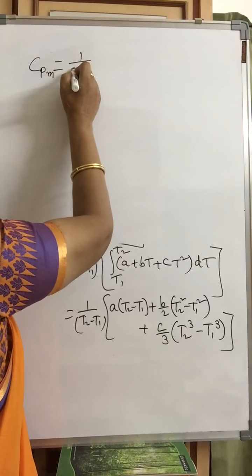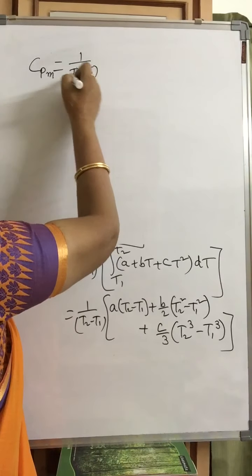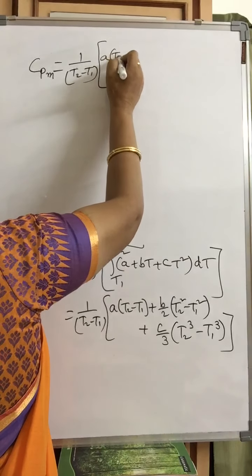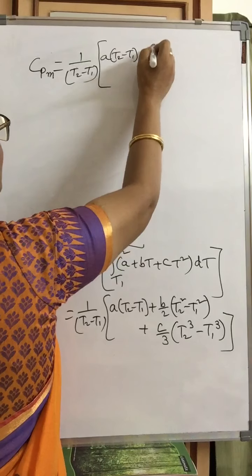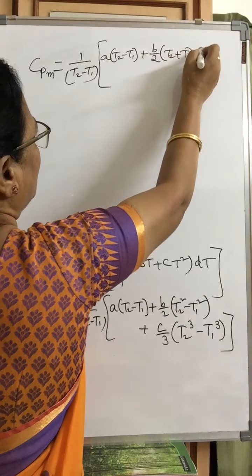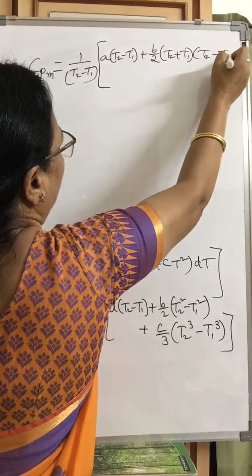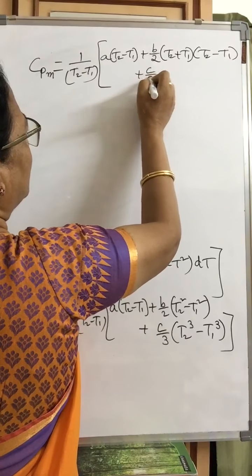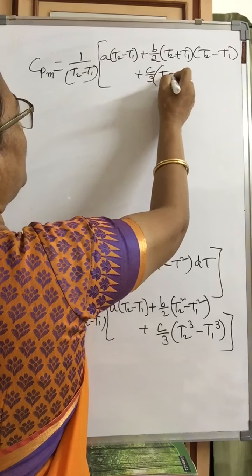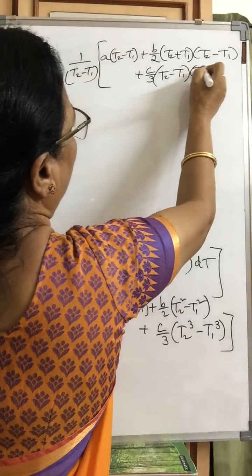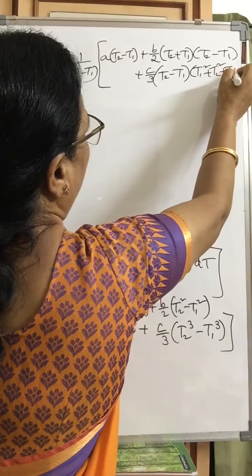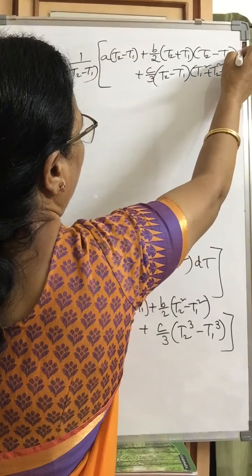So you can write T2 minus T1 into A into T2 minus T1 plus B by 2 into T2 plus T1 into T2 minus T1 plus C by 3 into T2 minus T1 into T1 square plus T2 square plus T1 T2.